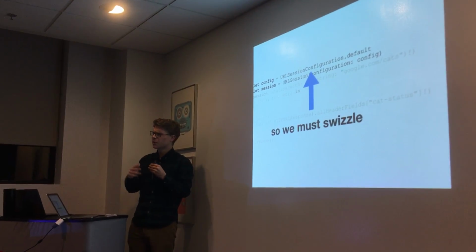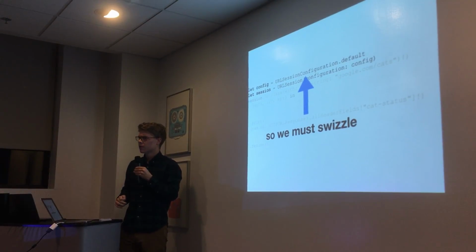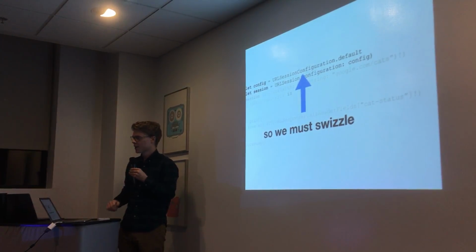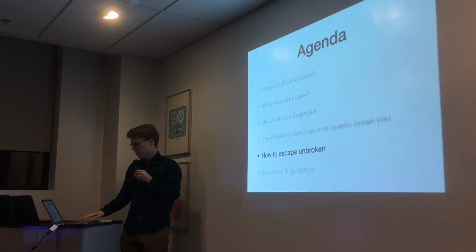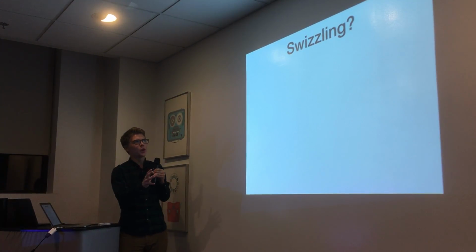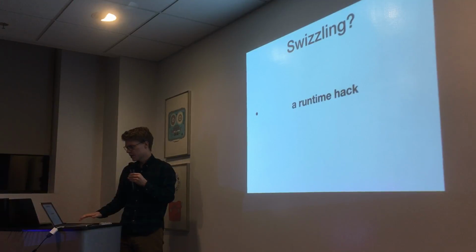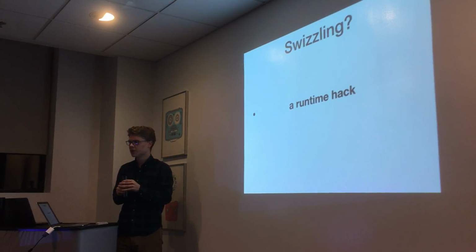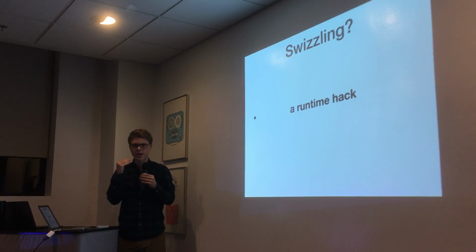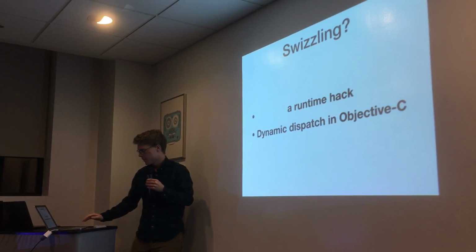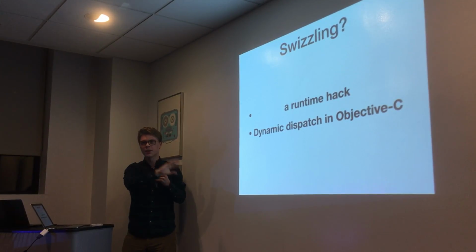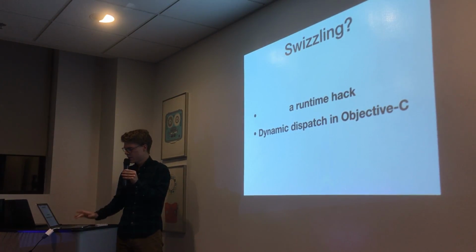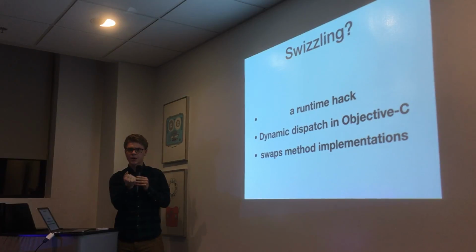And are folks familiar with swizzling in here? Did I get a show of hands? Who's familiar with swizzling? Okay, so swizzling, quick overview, it's a runtime hack. The Objective-C runtime is dynamic. Because Swift runs on the Objective-C runtime, you can swap the method implementations.